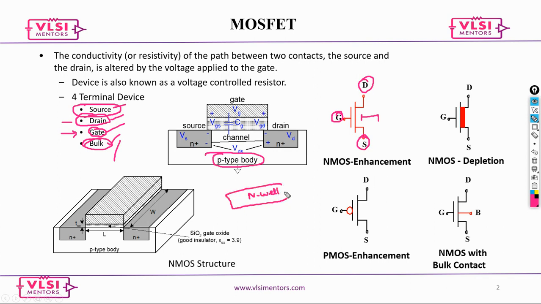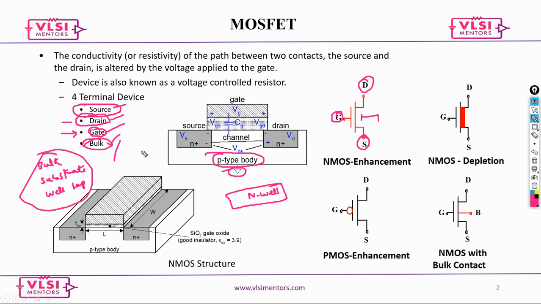Okay, so when you say this bulk or substrate, people call it bulk, or substrate, or well tapping, well tap. Okay, now for NMOS, we always connect it to ground.